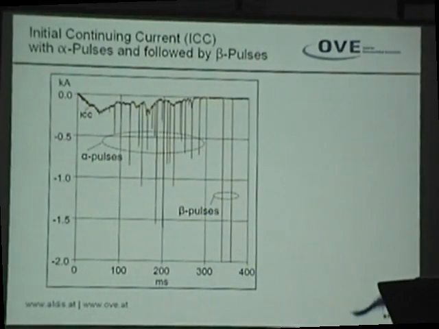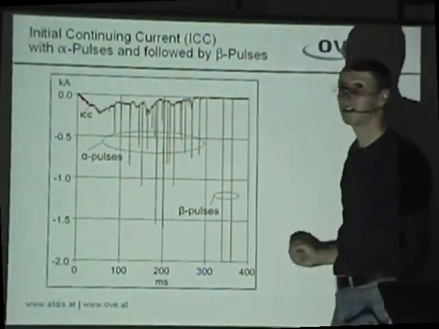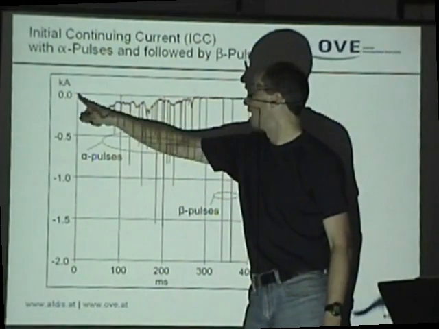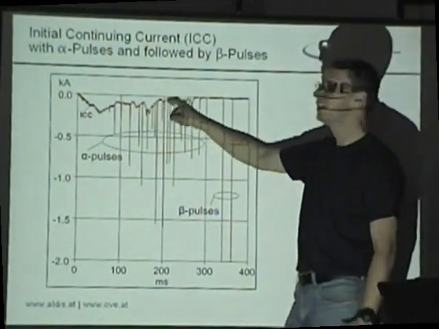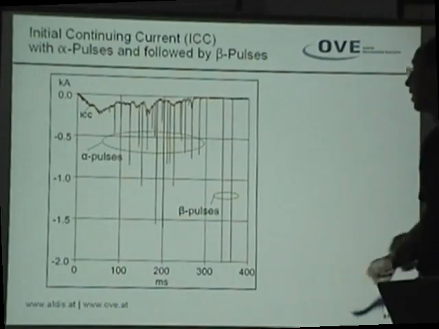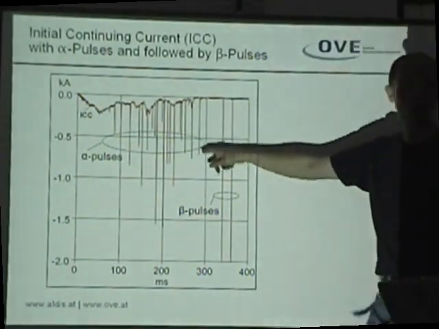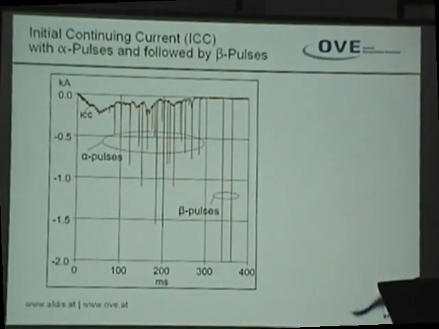And this is what we are measuring. Here's the current, and this is the time axis. You see at the beginning an initial continuing current, ICC, with some alpha pulses on the continuing current. And this is very typical for an upward initiated lightning.